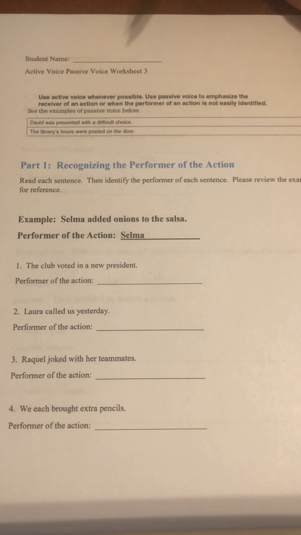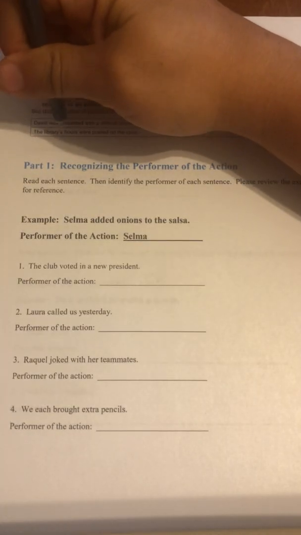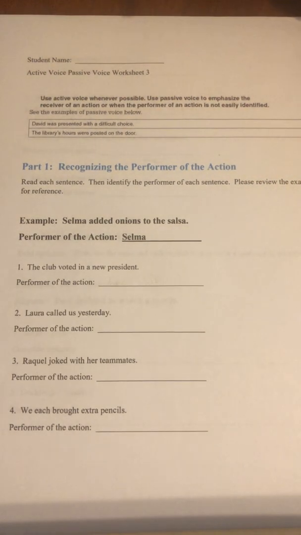He's not. If it was an active sentence, we wouldn't have a passive verb phrase like this, where David would be at the beginning. So David is actually the receiver of the action. Okay, he was presented with the difficult choice. He's the one that's going to be receiving the difficult choice.